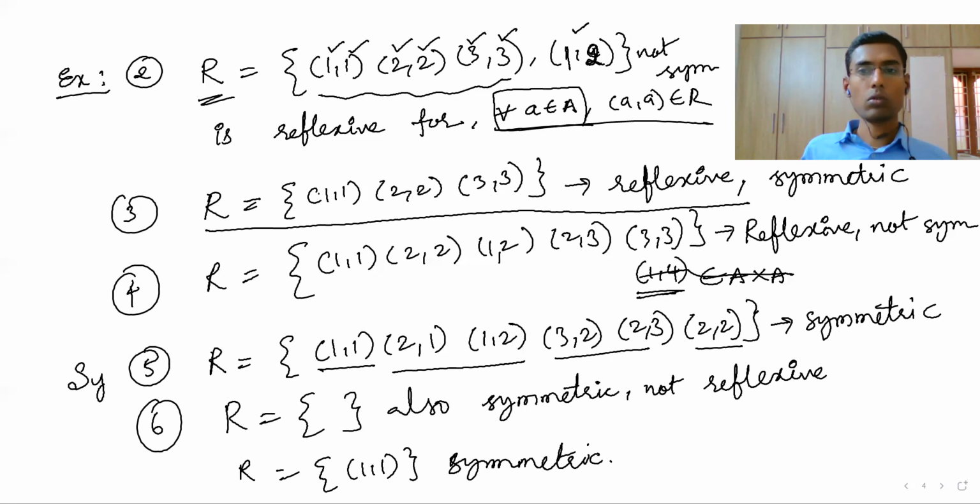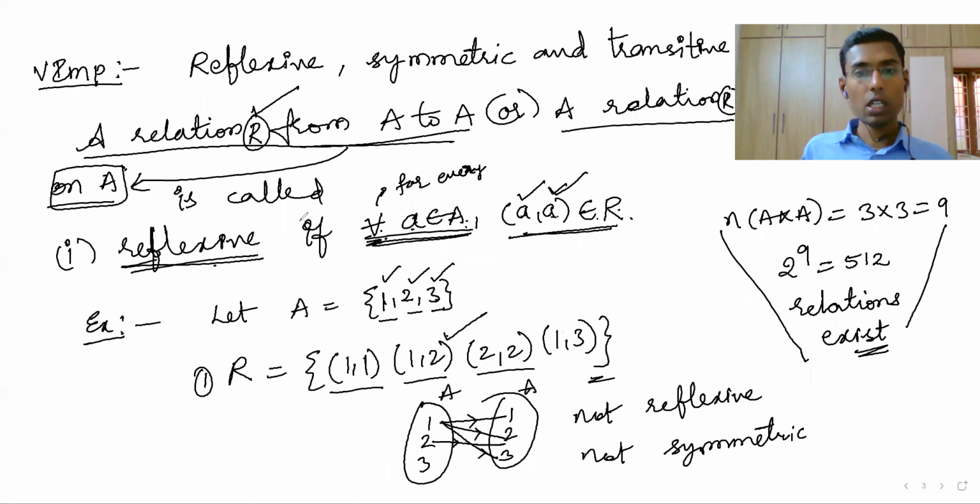No, for reflexive it is for every element in A. Whatever elements are there in A, for every element, an image should be there, that is itself. That image should be the same element. That's the condition for reflexive.